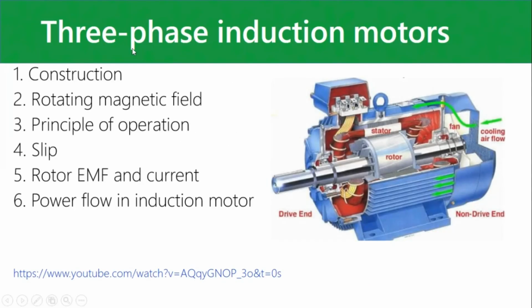Now, the last part of this AC machines, very important. This is the most widely used motor in the world, the 3-phase induction motor. So we're going to look at how it's constructed, and then you'll see here, stator here.